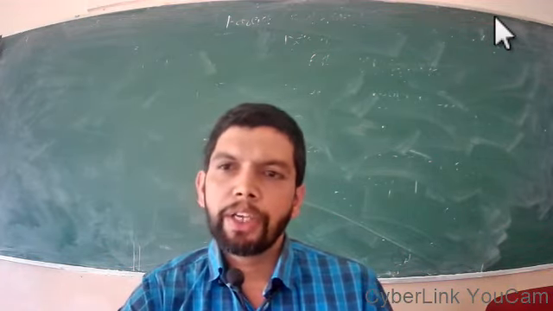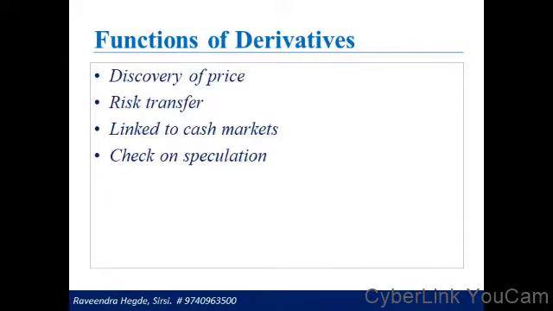Next is check on speculation. Speculation traders shift to a more controlled environment of the derivatives market. In the absence of an organized derivatives market, speculators trade in the underlying cash markets.